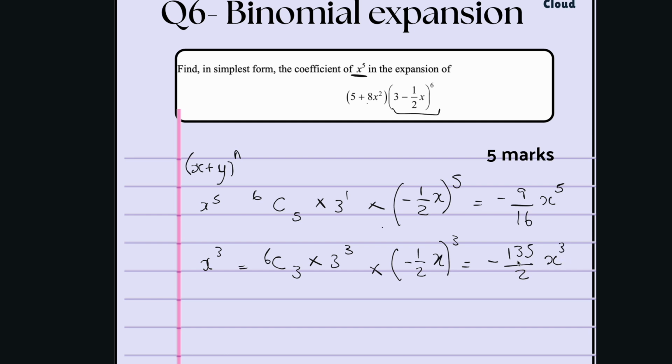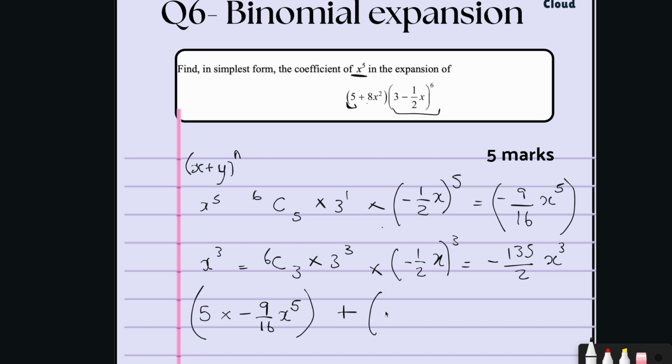And so to find the total coefficient, we're going to do 5 times minus 9 over 16 x to the power of 5, and add it on to 8x squared times minus 135 over 2 x cubed.